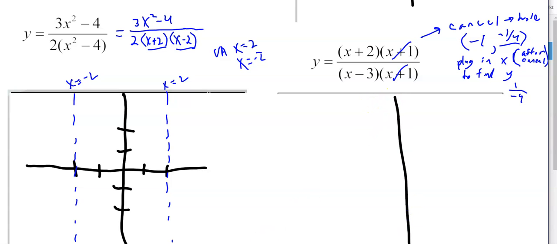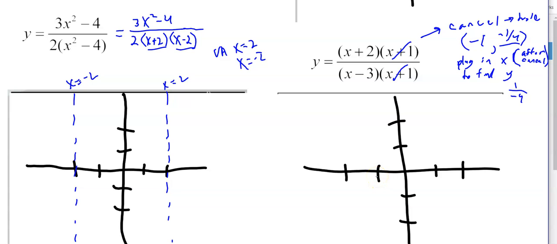Okay, so let's try to plot that point at -1, -1/4. So right about there. Oh wait, I drew that with an open circle. I should have drawn that.